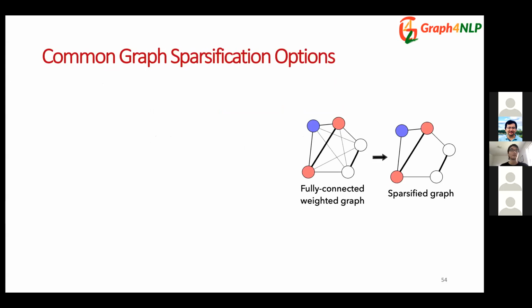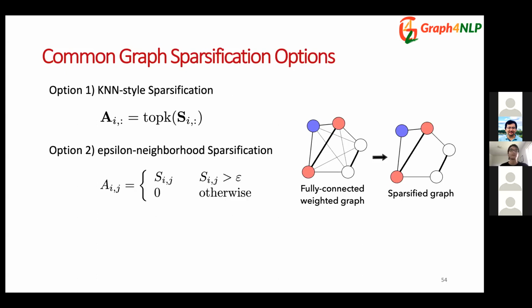Let's see a few graph sparsification options which are commonly used in previous literature. First is the kNN-style specification. For this type of approach, for each node, only the K nearest neighbors, including the node itself, and their associated similarity scores are kept, and the remaining similarity scores are masked off.